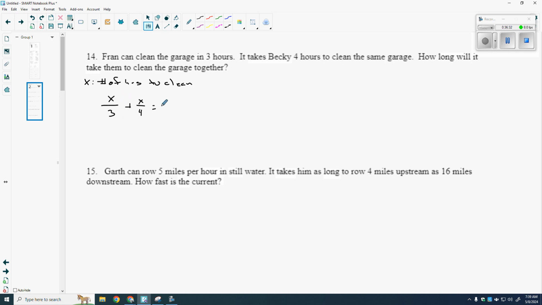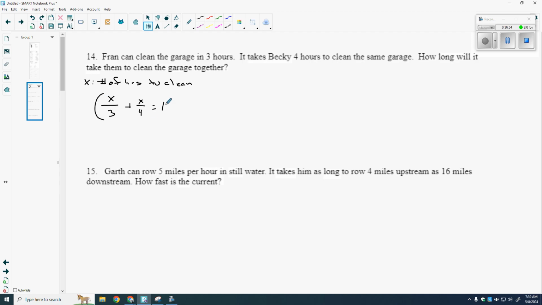Together they must clean the entire garage. The total number of hours to clean divided by 3 tells me the fractional part of the garage that Frank can clean, and divided by 4 the fractional part that Becky can clean, and together they have to clean the whole thing.